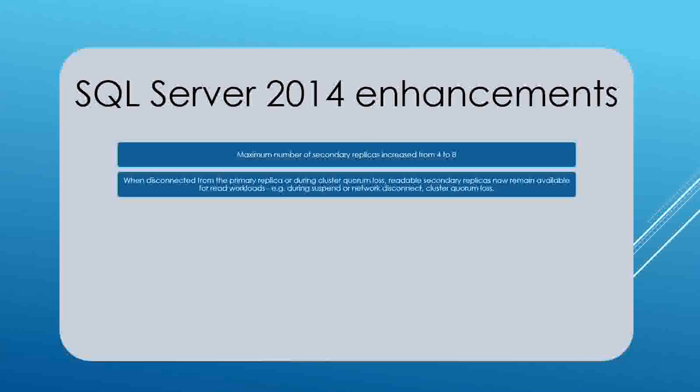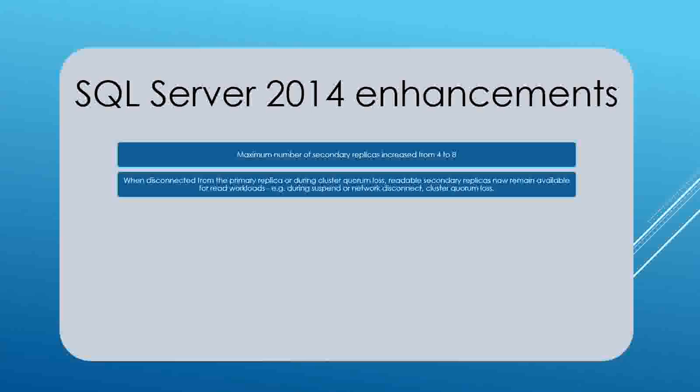In 2012, if there was any cluster quorum loss, or some disconnection from the primary replica, the secondary replicas would go offline, or would not be available for application or user connectivity. The customer feedback was, we want the secondaries to be available even if there is loss of quorum, or if there is a disconnection from primary replica.